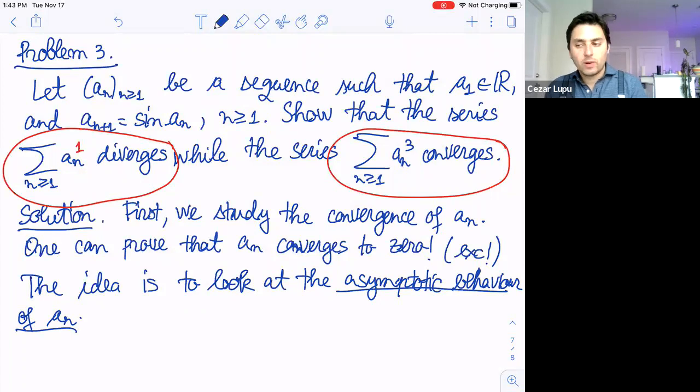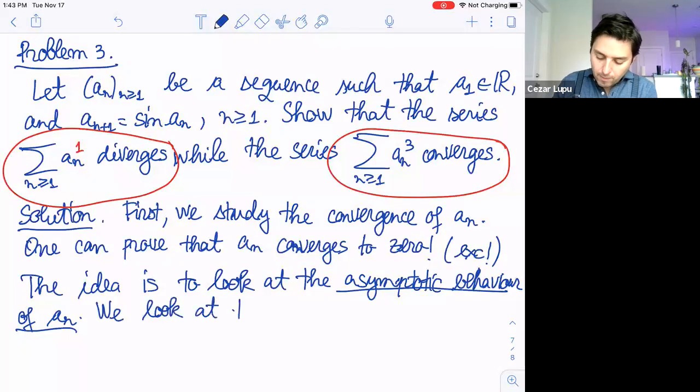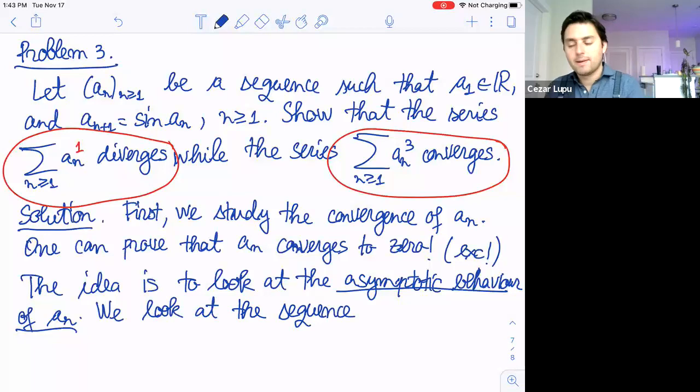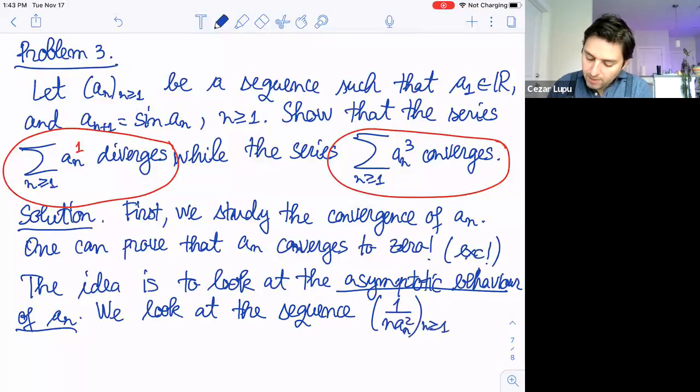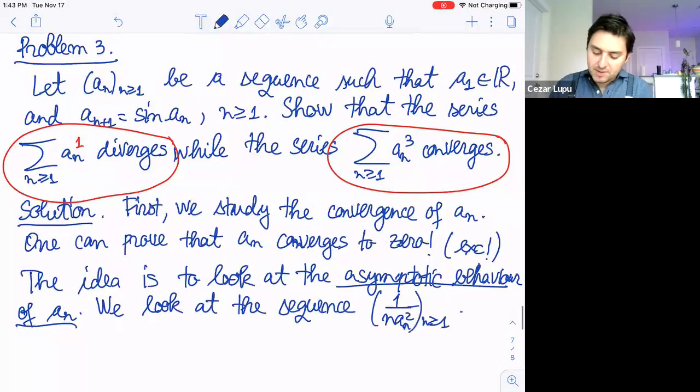In other words, I would like to see how a_n behaves. So we look at the sequence, let's just say this guy, 1 over a_n squared over n. And I'll explain immediately what I mean by that.